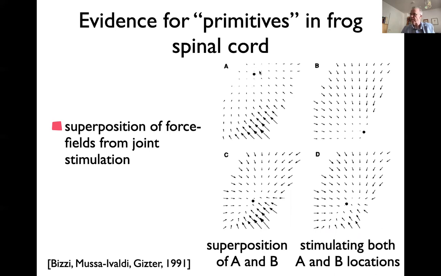For instance, you have this vector field when you stimulate in one location, this when you stimulate in the other location, and if you stimulate both locations, you get an attractor here. And this is when you're just adding these two vector fields, so you would also get an attractor here. So it's an idea that these neural circuits in the spinal cord could be primitives, and by superposing them, you could now create a movement to some intermediate position.